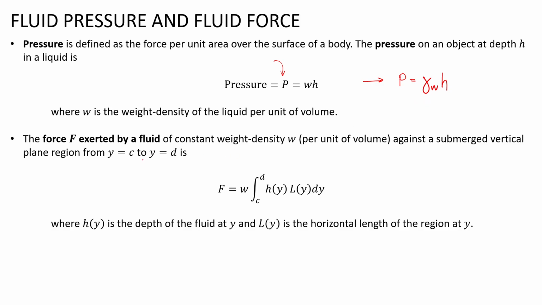So the force exerted by a liquid against a submerged vertical plane region is equal to this formula. So this one is the unit weight of water or density of water. And take note that this h(y) L(y) dy is the volume of the submerged plane region.